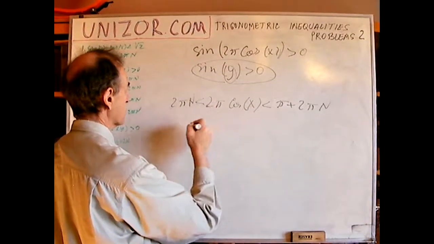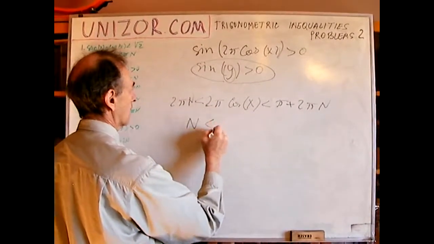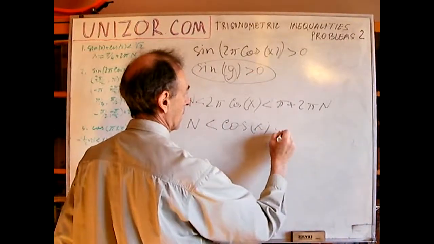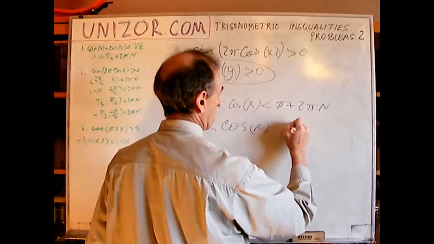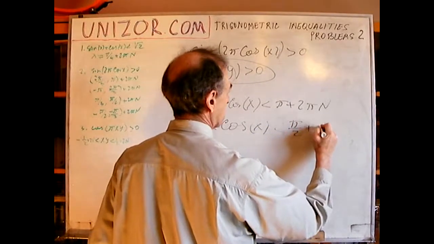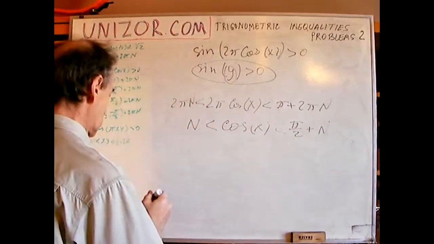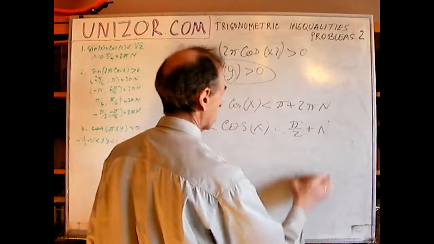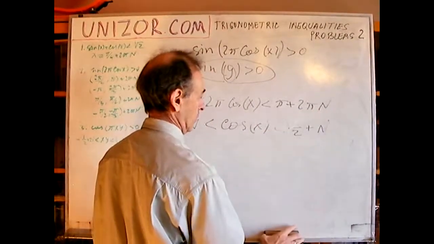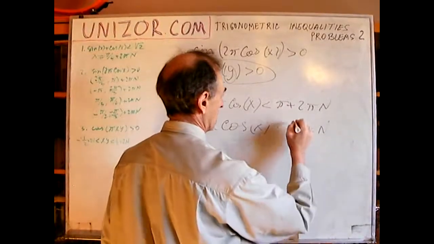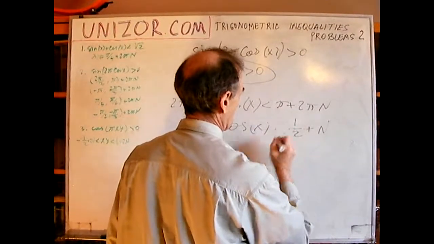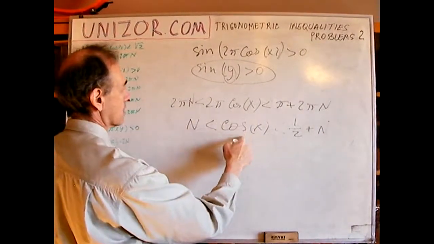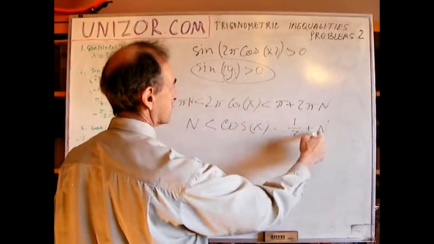It's a positive, so everything is fine. We divided by 2 pi, so it's n. This is the cosine, this is 1/2 plus n, and this is n.